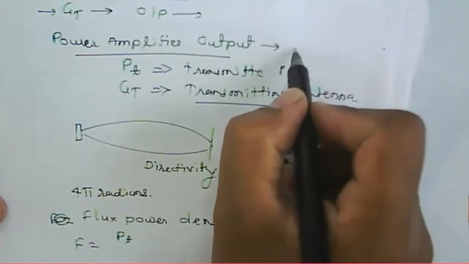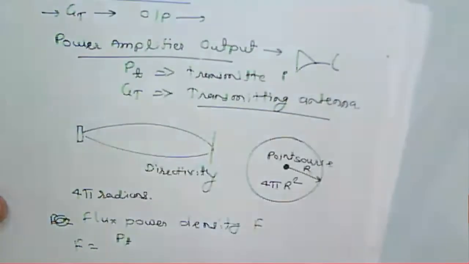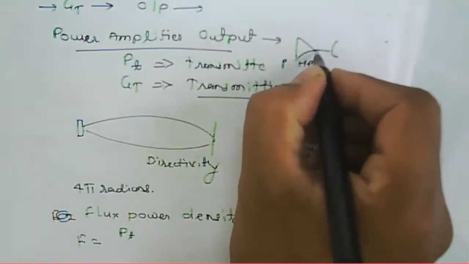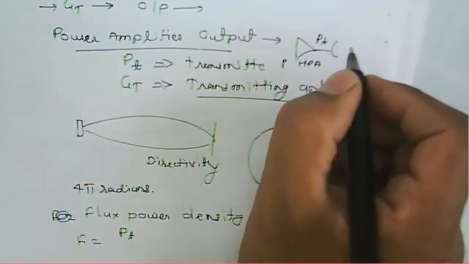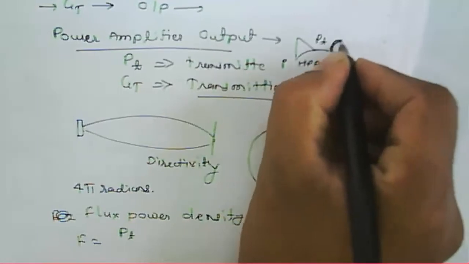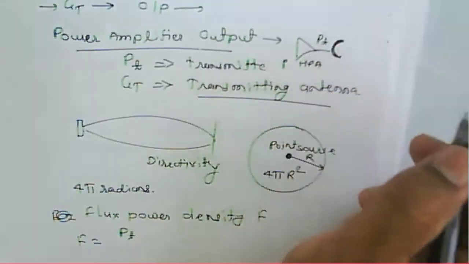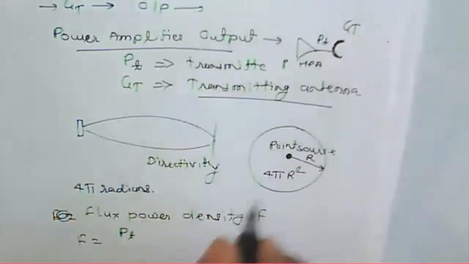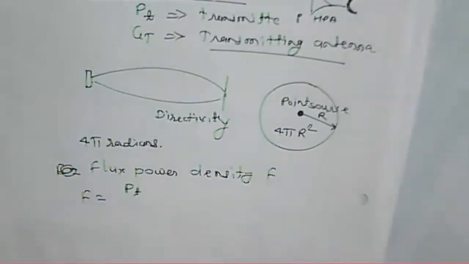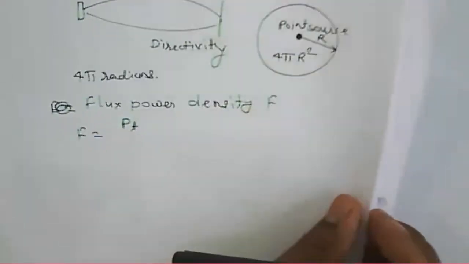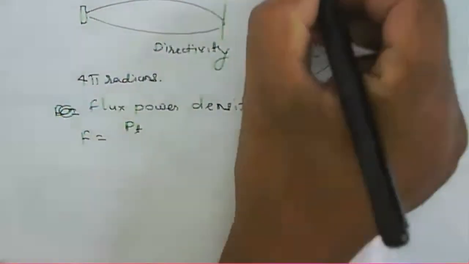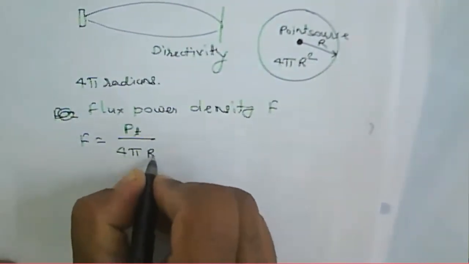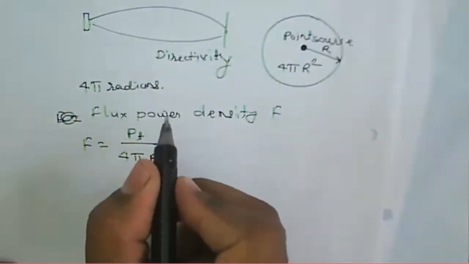We can say that a high power amplifier gives the transmitting power, which goes to the antenna, and then the antenna transmits. The antenna has a gain of GT, the input to the antenna being GT. So flux power density F is equal to what? It is the transmitting power for a given source in the given region, divided by 4 pi r square.